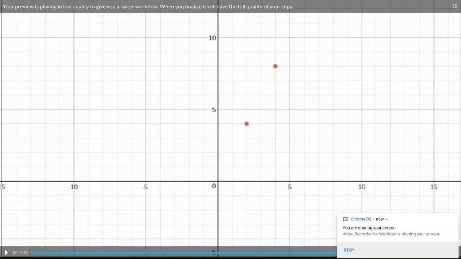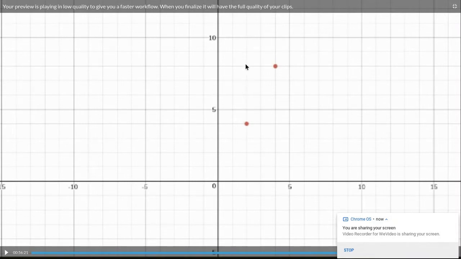Okay, so now we're going to do coordinate planes, or finding the slope on a graph. You pick a point on the graph furthest to the right, so over here. Then you count how many spaces you go up as your rise. So this is 1, 2, 3, 4.